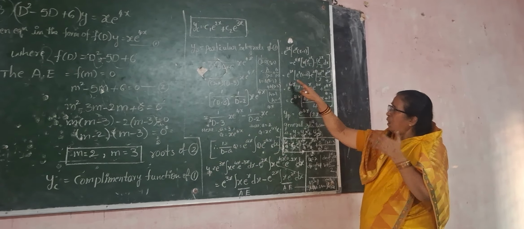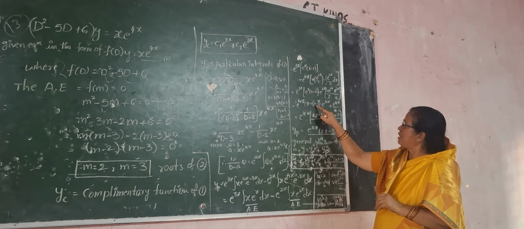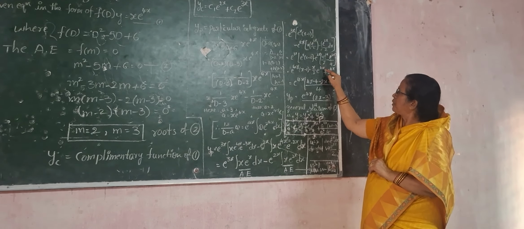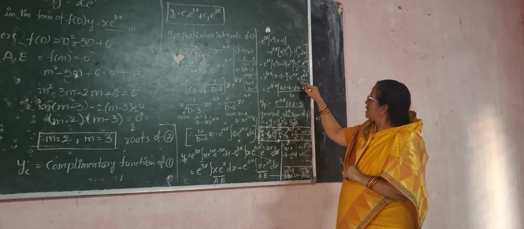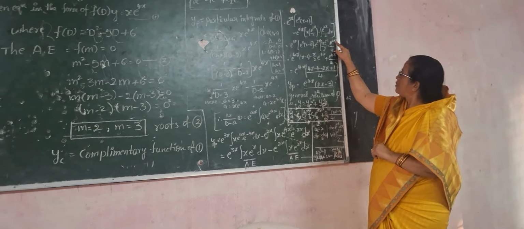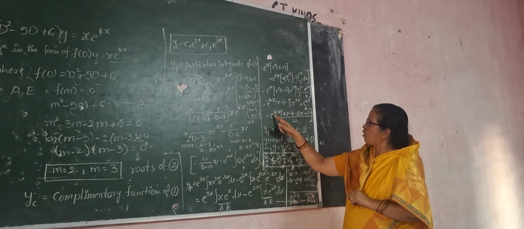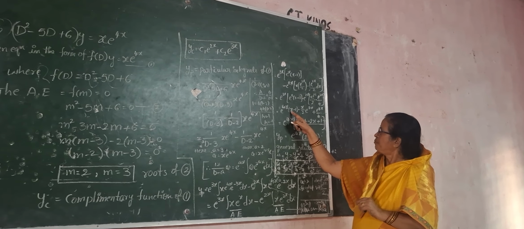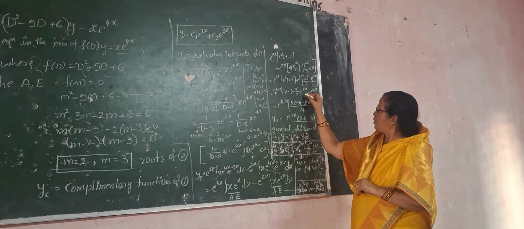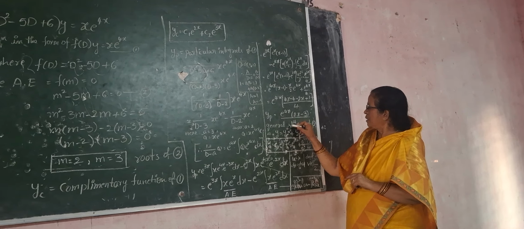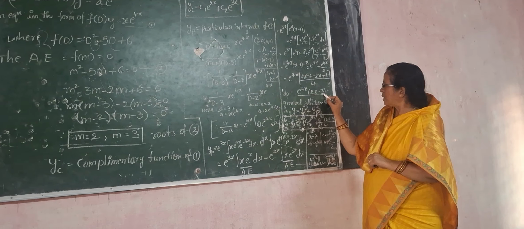Multiplying, e power 4x into (x minus 1) minus x by 2 into e power 4x plus e power 4x by 4. Everywhere e power 4x is common, so I have taken e power 4x by 4 common. So 4 into (4x minus 4 minus 2x plus 1). That becomes 4x minus 2x means 2x, minus 4 plus 1 minus 3.